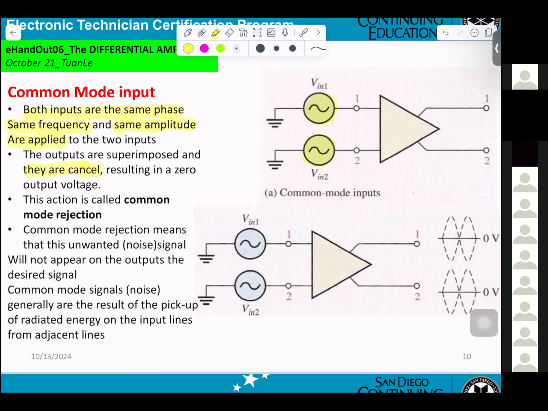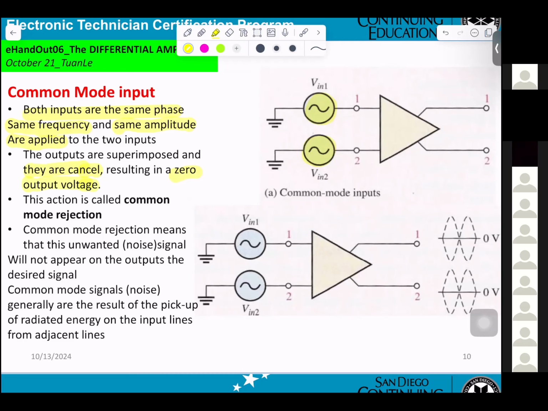That means the output will be nothing. The signals at input 1 and input 2 are identical, resulting in zero output voltage.